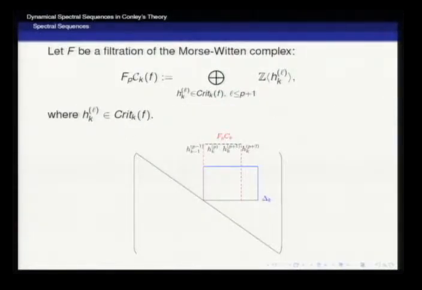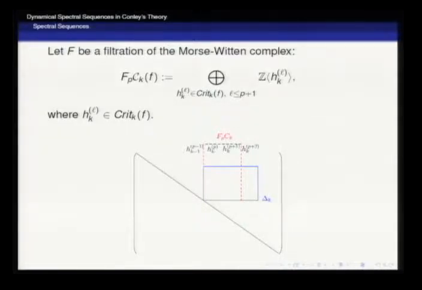So we need a filtration. In the matrix, how are we going to look at this filtration? We're actually going to look at the columns from right to left. Remember, the idea here is to give a combinatorial way of understanding on the connection matrix what the spectral sequence is. So the filtration is given by the columns.